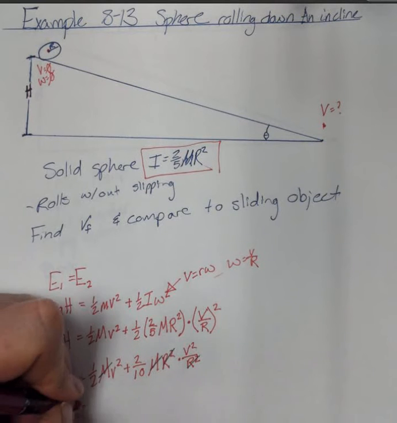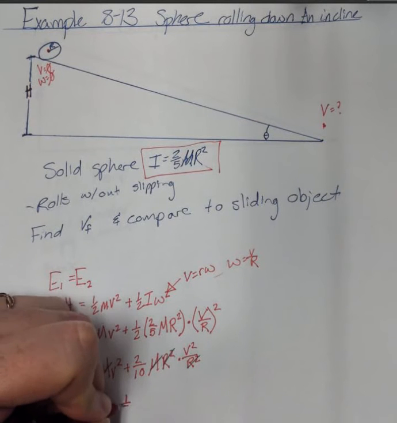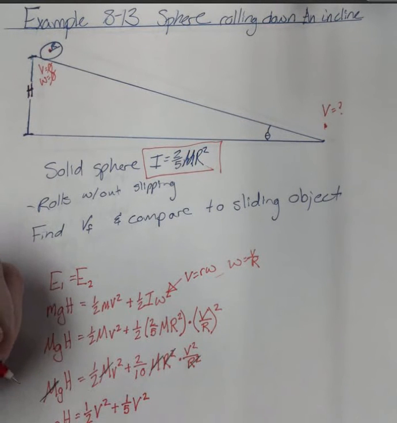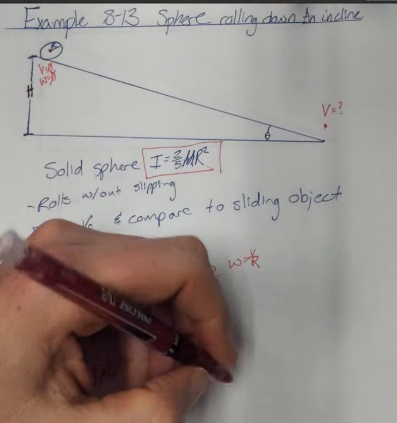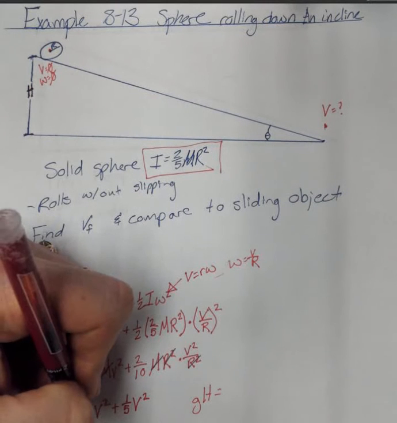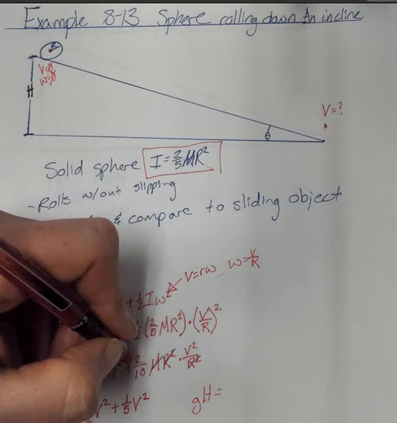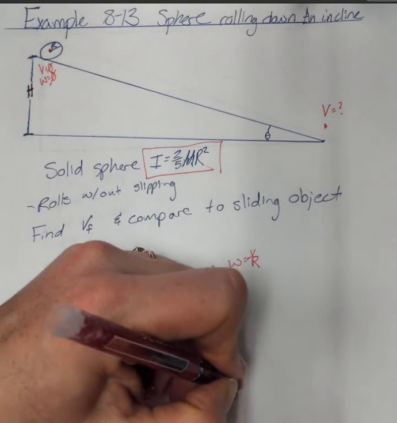gh equals 1/2 v squared plus, I'm going to reduce that, 1/5 v squared. So 1/2 and 1/5, that's going to be 5/10, 6/10, 7/10, 7/10 v squared.